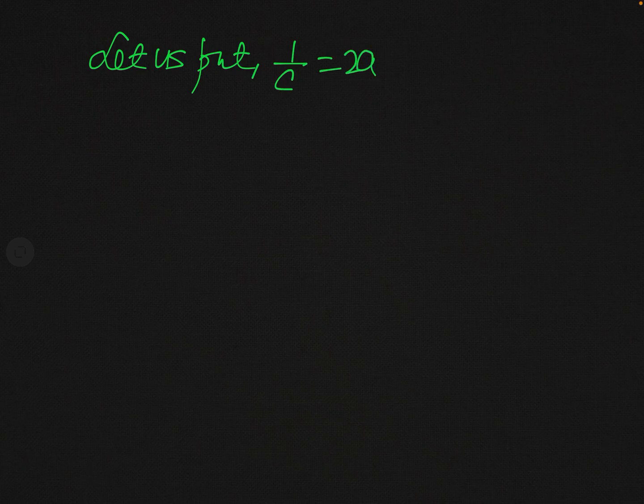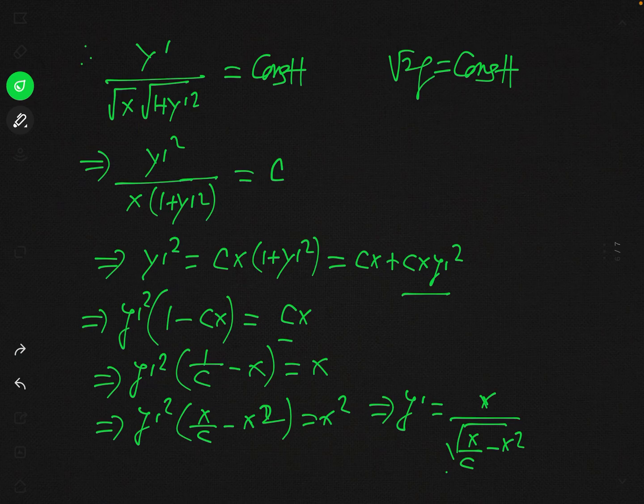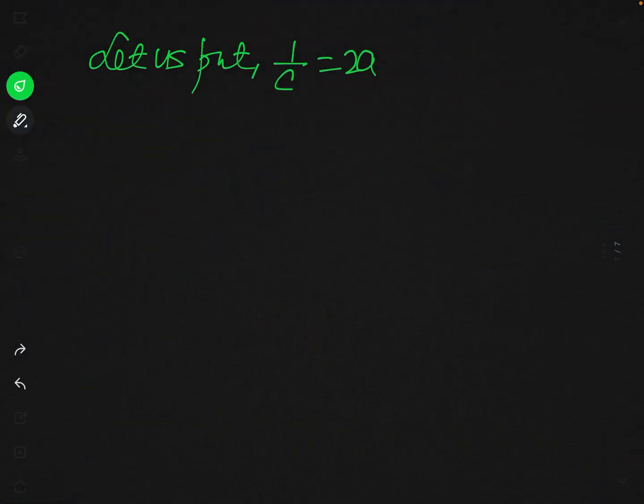This substitution is made for convenience in the integral. So you can see what our equation is now. Y prime equals x over the square root of x by c minus x square, and for 1 by c we will now write 2a. So this will be the square root of 2ax minus x square, and y prime is dy by dx.